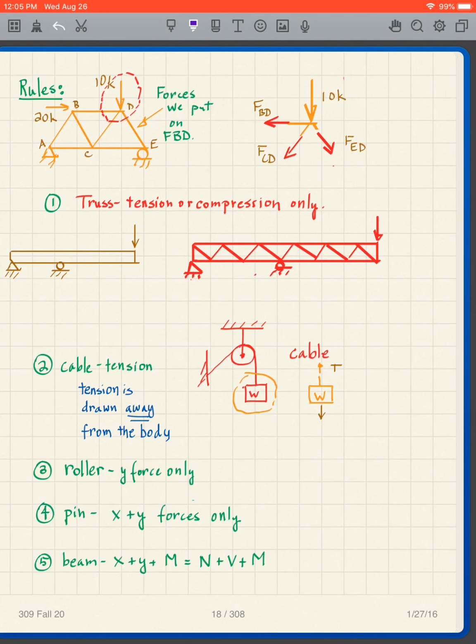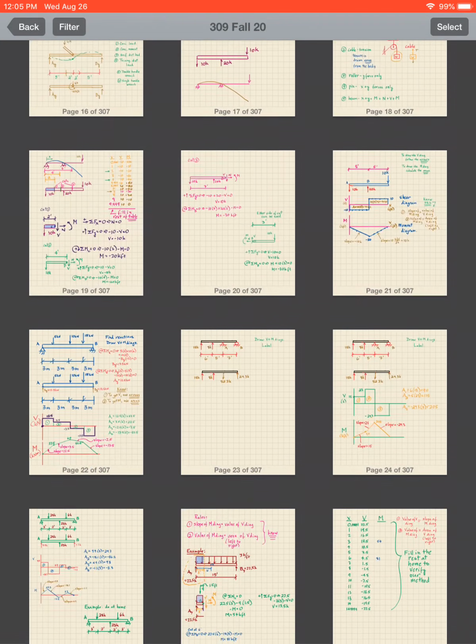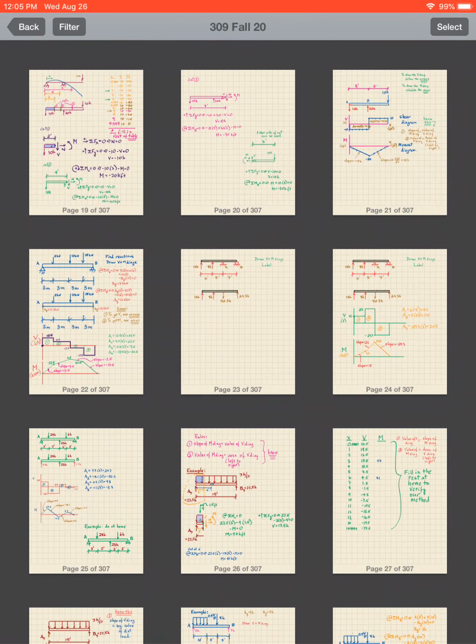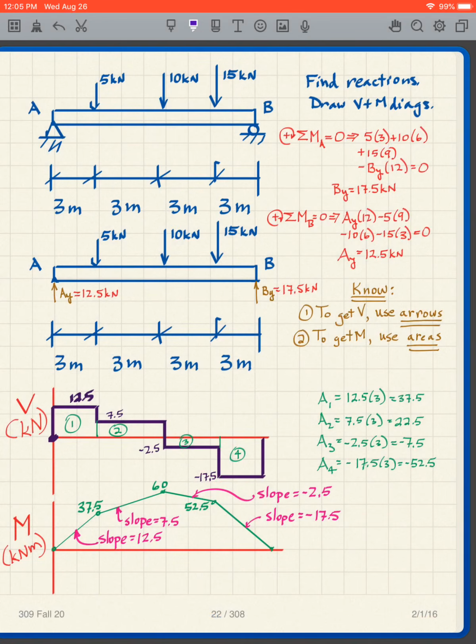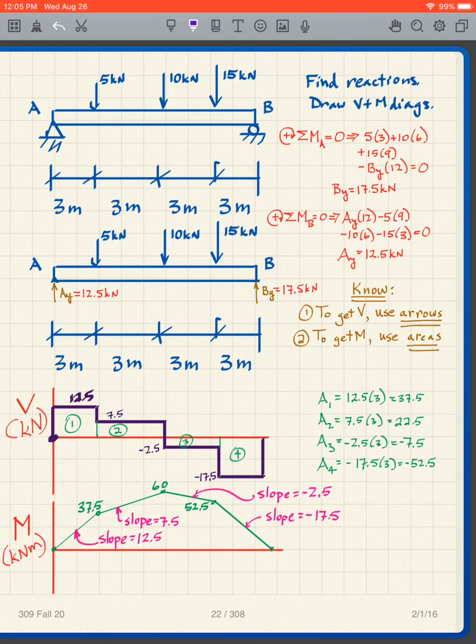A beam is different from that, and a beam has a different shear force, a different moment, and that is why we have to draw the shear diagram, why we have to draw the moment diagram, because those forces and moments are not constant throughout. There are places where it's greater than others.